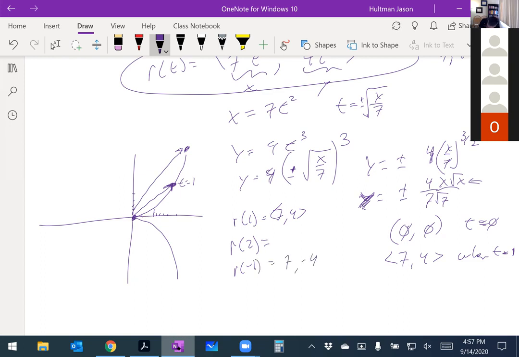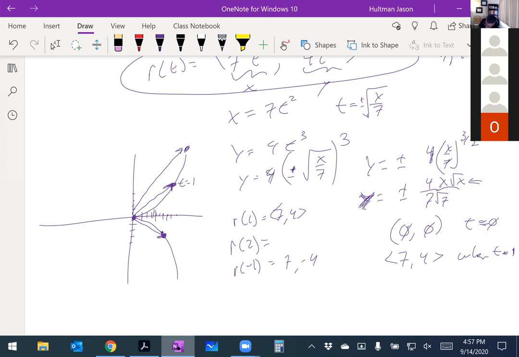Oh, okay, so we're still out 7, but now we're down -4. So t is equal to -1, we're here at 7, -4. That's where we're at.